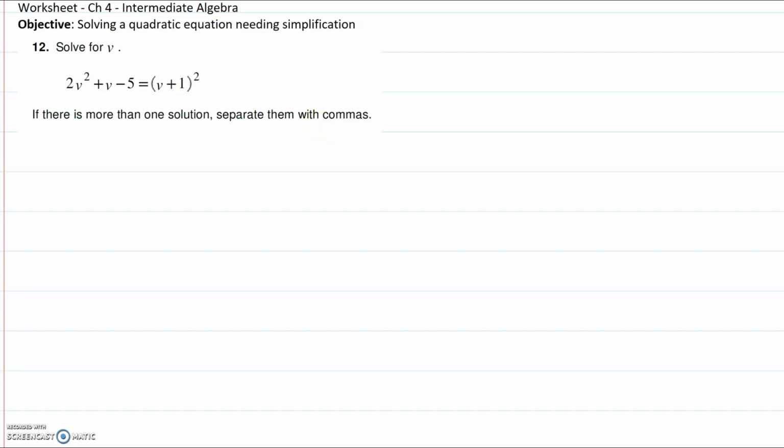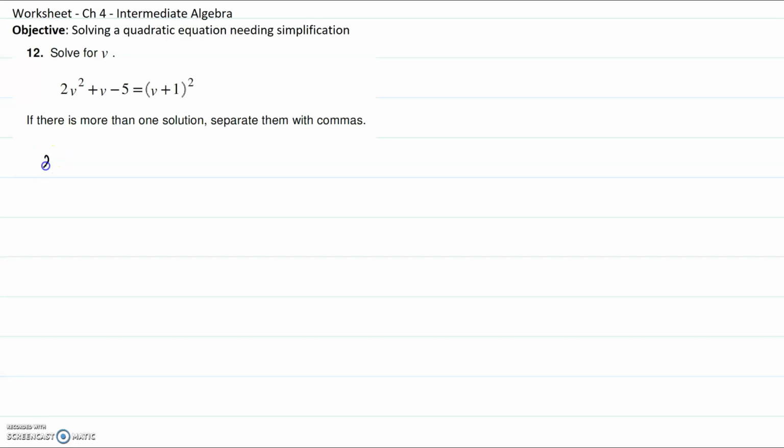First, we will rewrite the equation. 2v squared plus v minus 5 equals (v plus 1) squared, which is (v plus 1) times (v plus 1) on the right hand side.